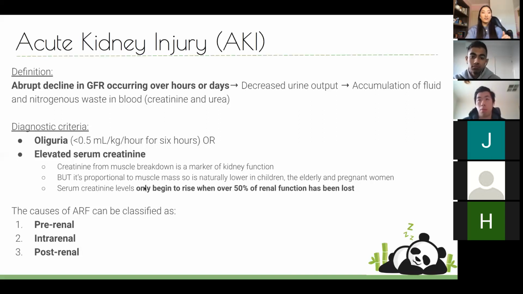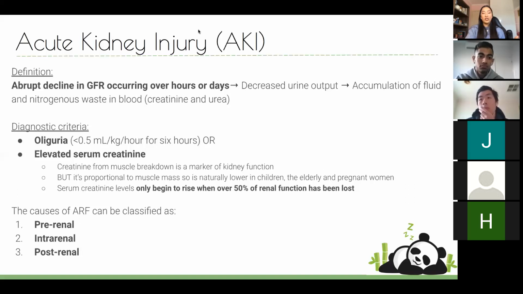So you sort of have to compare it to what the regular is. But for an average person, we do have guidelines for what a creatinine should be. And interestingly, serum creatinine only really begins to rise when you've lost over 50% of renal function. So we really only pick up these AKIs once a certain amount of function has been lost.